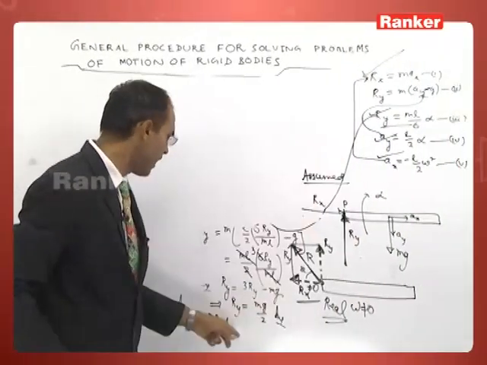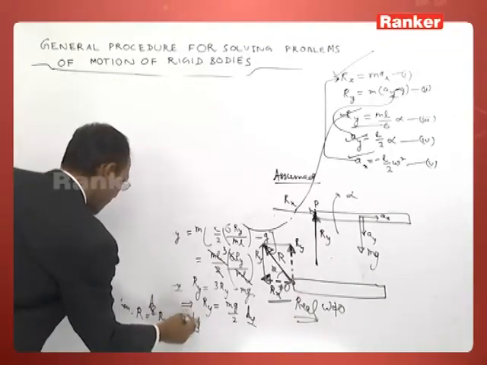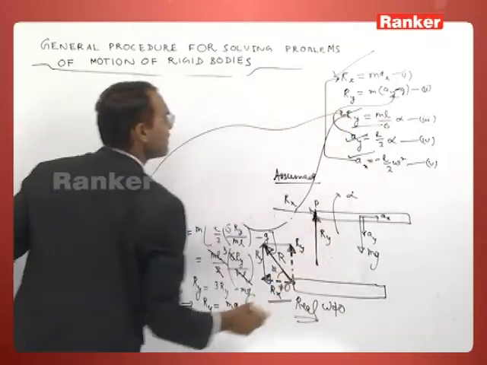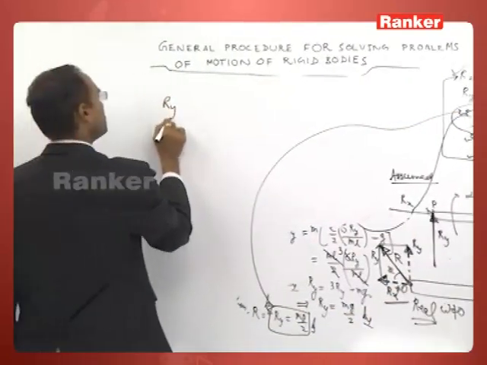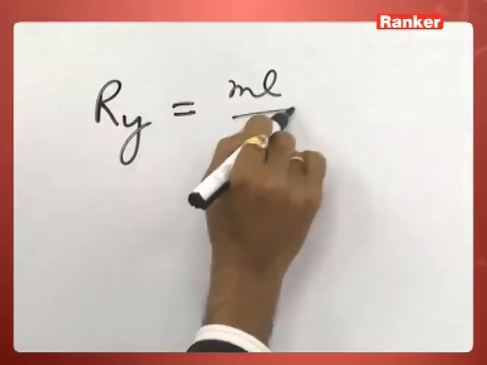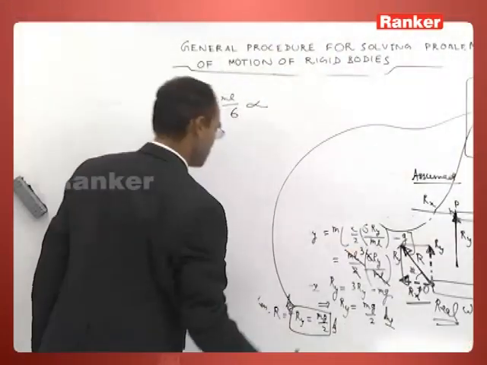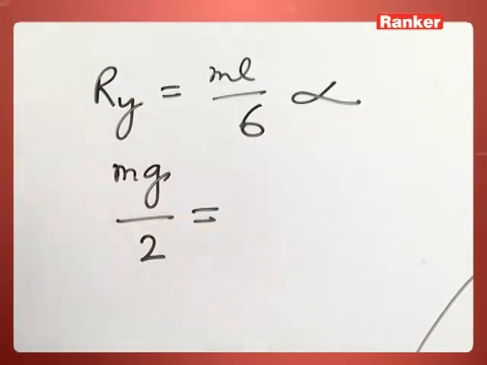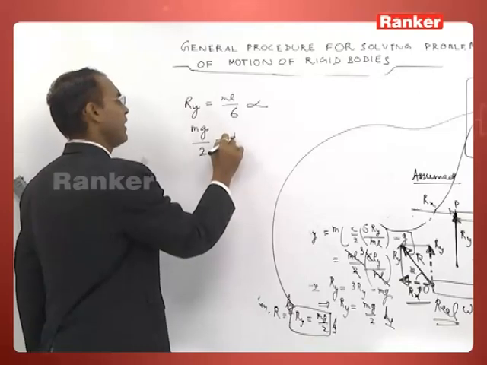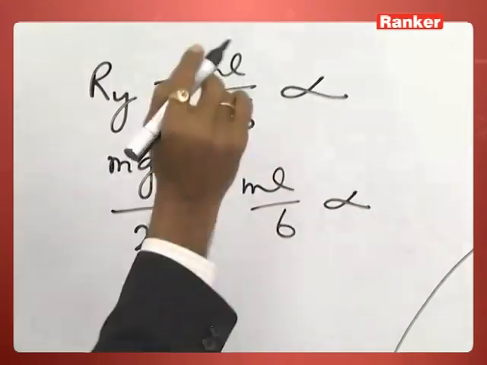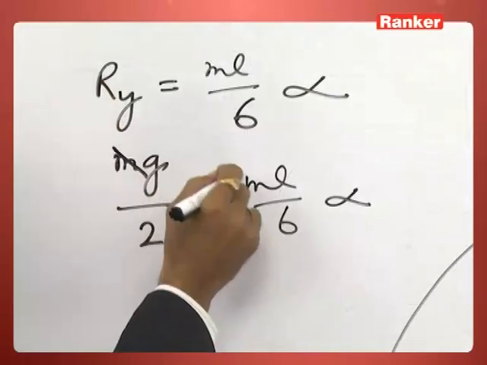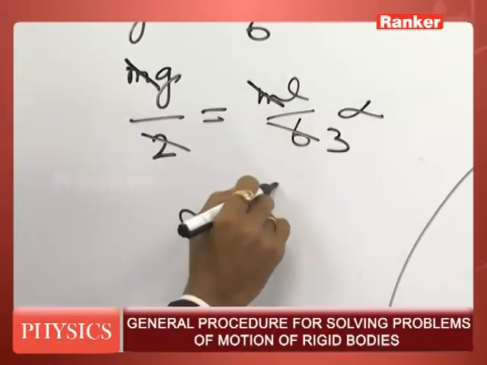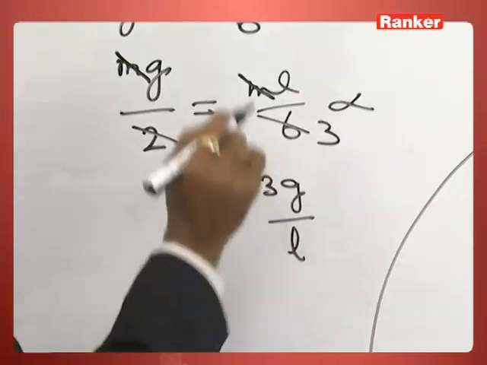We have got Ry equal to mg by 2. Substituting Ry in equation number 3, Ry is equal to ml by 6 into alpha. With Ry as mg by 2, that is equal to ml by 6 into alpha. m will be getting cancelled. So alpha will be equal to 3g by L.